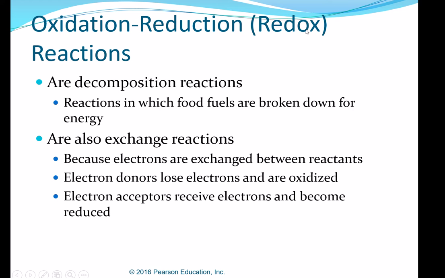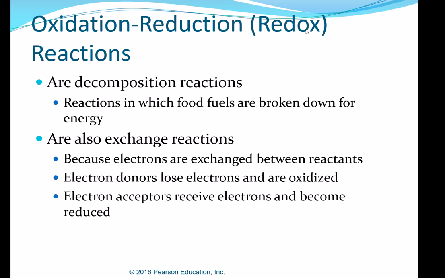You may have heard of redox reactions before, what we call oxidation-reduction reactions. These are a specific type of decomposition reaction that occur as part of our digestive process. All of our food energy, this is how we get it, is through this redox process.